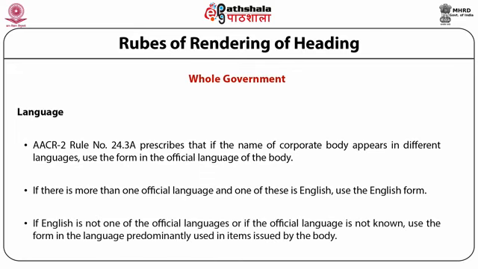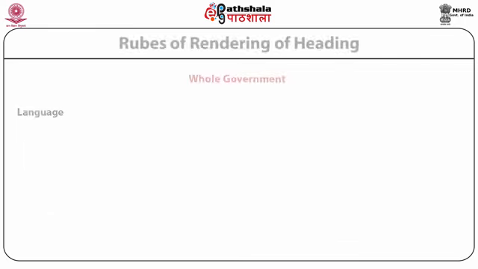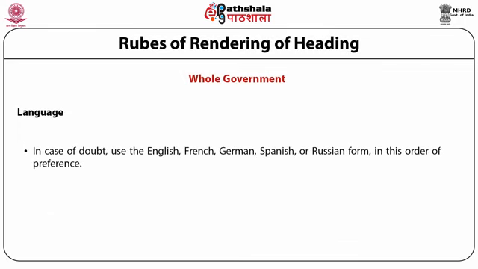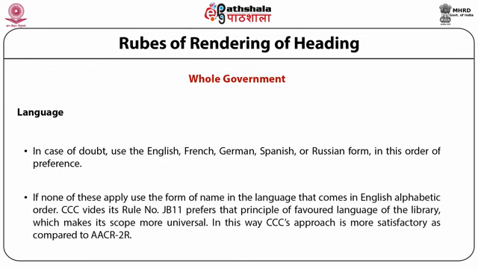If English is not one of the official languages, or if the official language is not known, use the form in the language predominantly used in items issued by the body. In case of doubt, use the English, French, German, Spanish, or Russian form in this order of preference. If none of these apply, use the form of the name in the language that comes first in English alphabetic order.